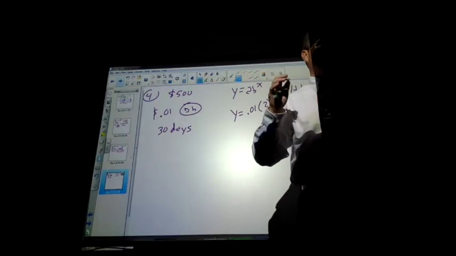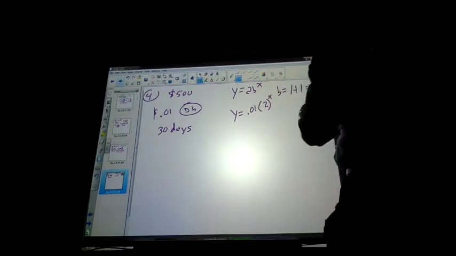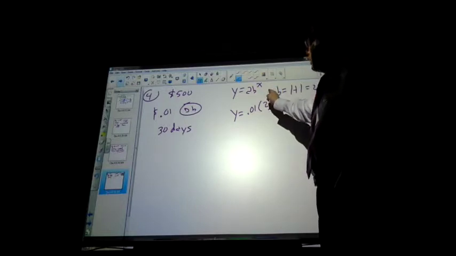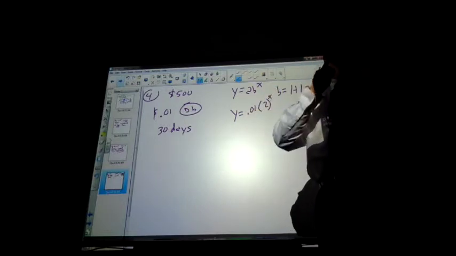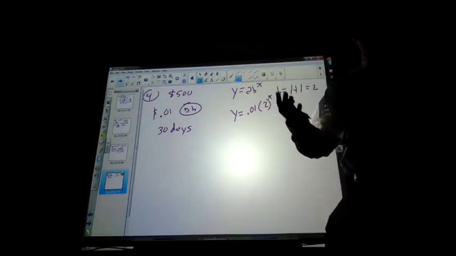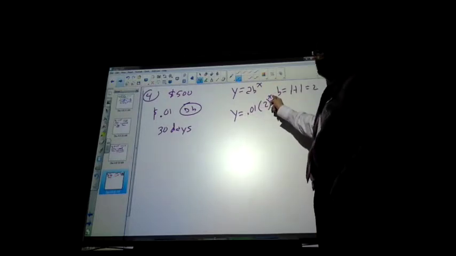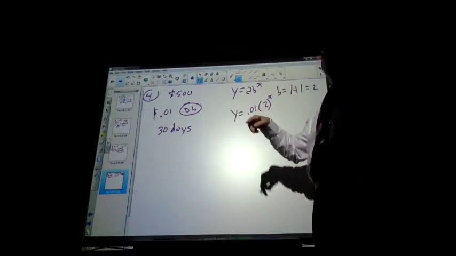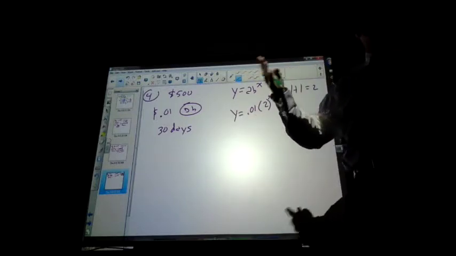So the first day is actually day 0, right? If I go 0 here, 2 to the 0 is 1. 1 times 0.01, does that give you your first penny? Okay, then let's go to the next day. So I'm going to put a 1 in here. 2 to the first is 2. 2 times 0.01, there's your 2 cents.